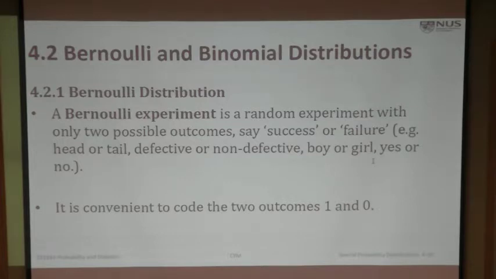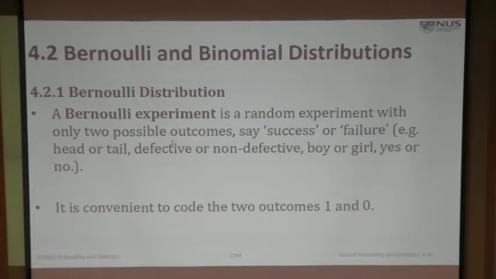So a Bernoulli trial, he calls it Bernoulli experiment, but I'm going to say Bernoulli trial, it's the same thing. It's just an experiment and it's got two possible outcomes. So we can have a random variable, let's say it can take the value 0 or 1, and it takes 0 with some probability and 1 with the probability 1 minus the other probability. So it's only got 2 possible outcomes.